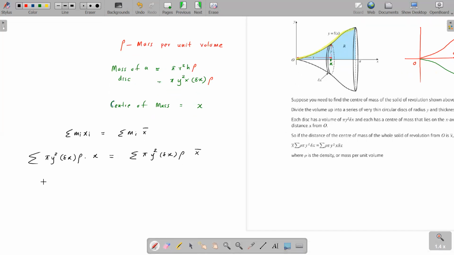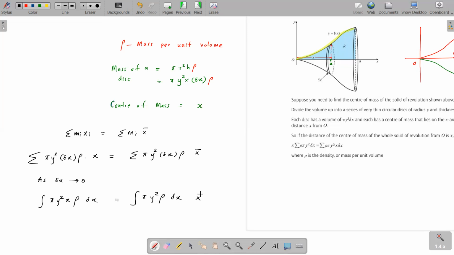And then you know what we should do here. As delta x goes to 0, the summation becomes integrals. So you have here the integral of pi y square x times rho, where delta x becomes dx. And over here, the integral of pi y square rho, and delta x becomes dx.